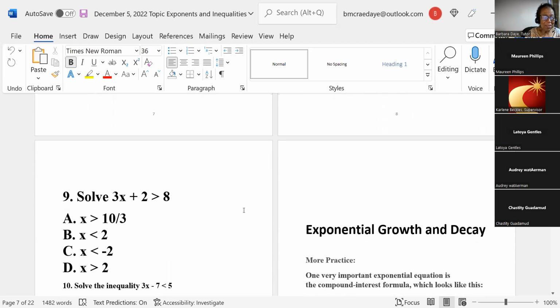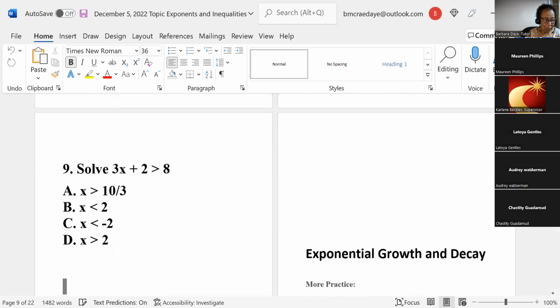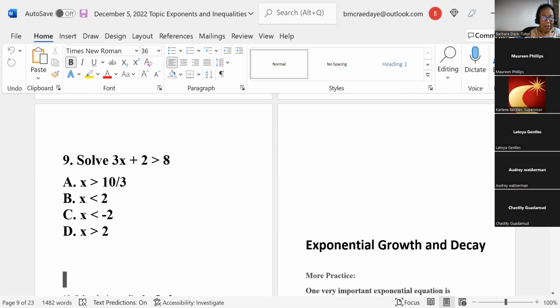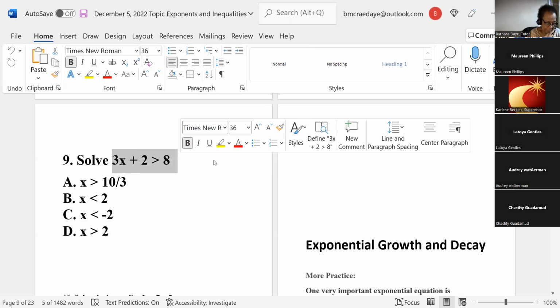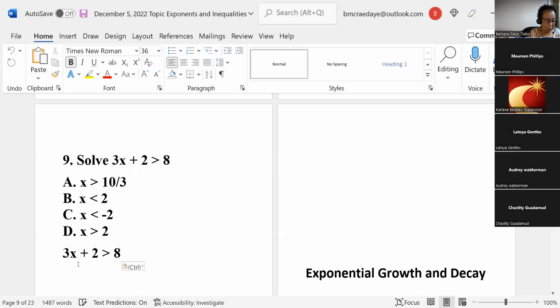So let's go to 3x plus 2 greater than 8. Now, Latoya, how would you solve this one? 3x plus 2 greater than 8. I did minus 2 on both sides. Okay, so let's just copy this and do what Latoya did.